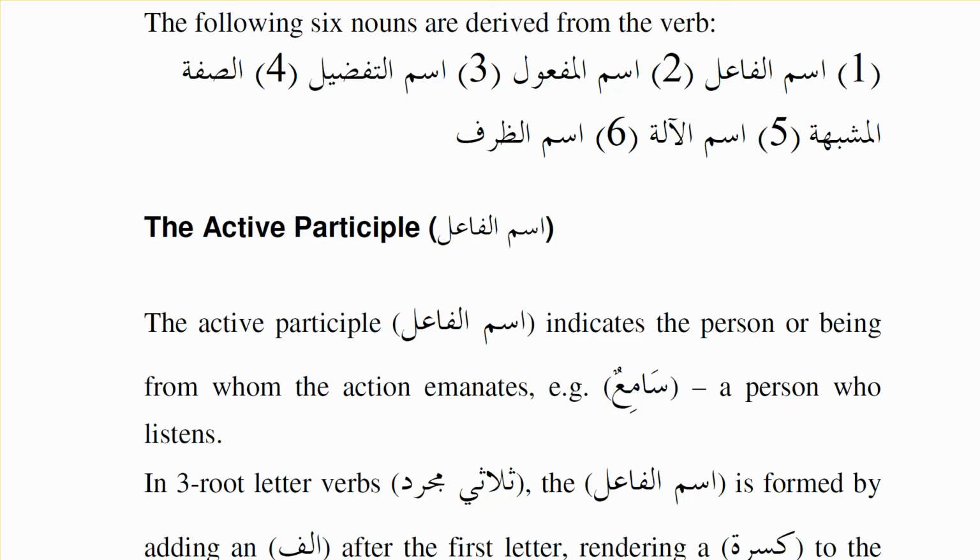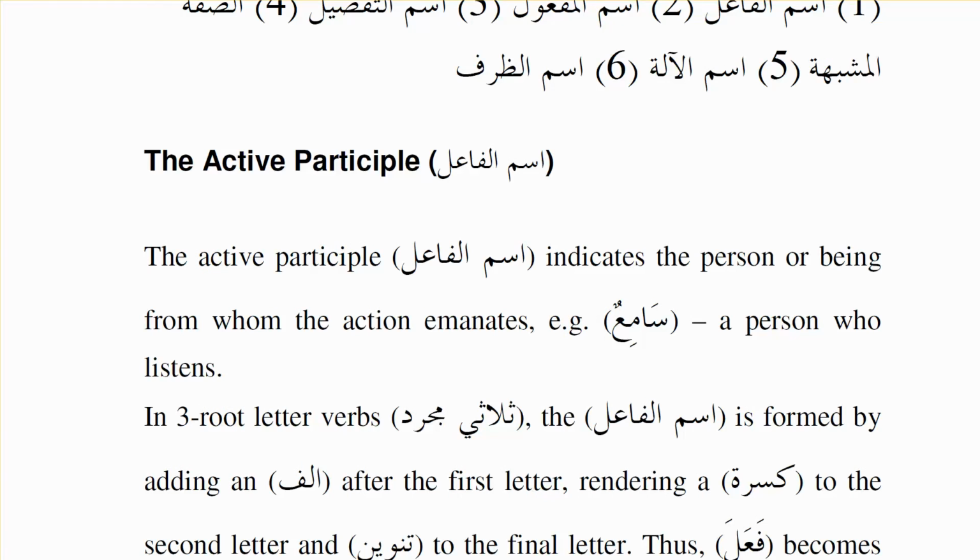So the one doing the action is called the ism al-fa'il, the ism for the doer. Example, sami'un, a person who listens.